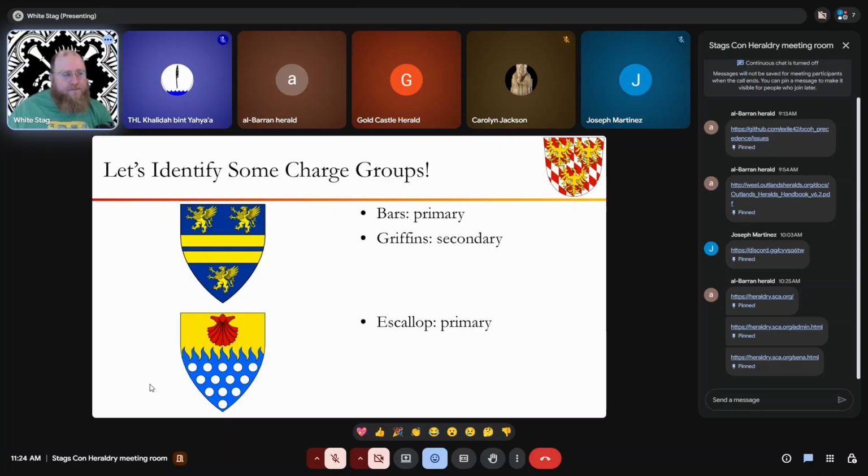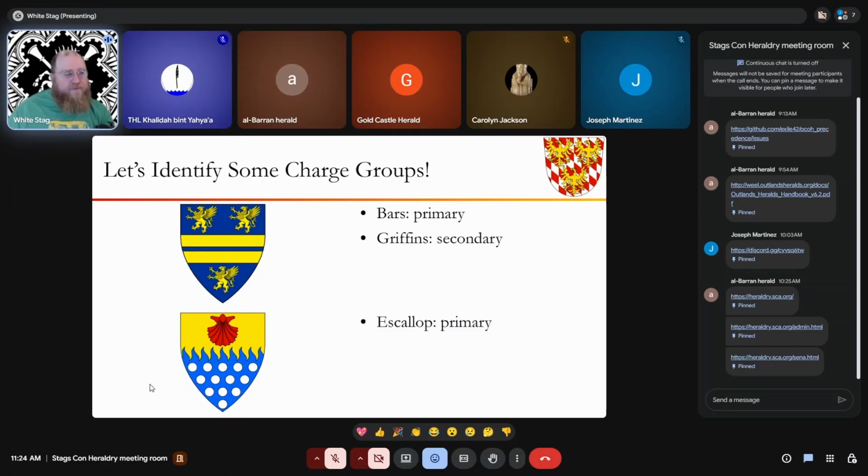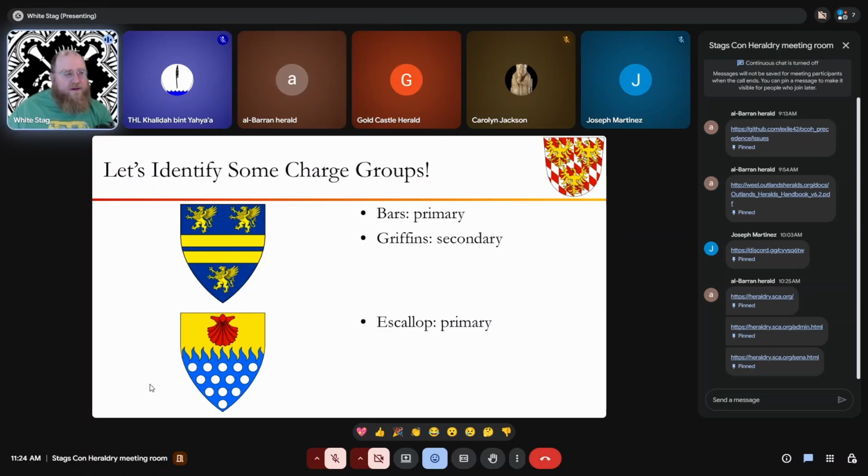So what are the plates? Those are tertiaries. Are they on top of another charge? No, I guess they are secondaries. Why are they secondary? Because they're not on top of other charges and are on the second half of the field? Because it's a field division, right? But they occupy the entire rest of the field.